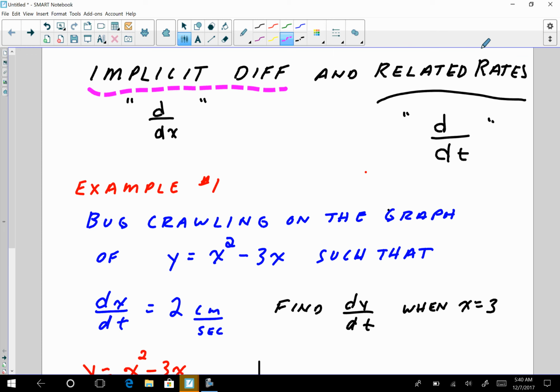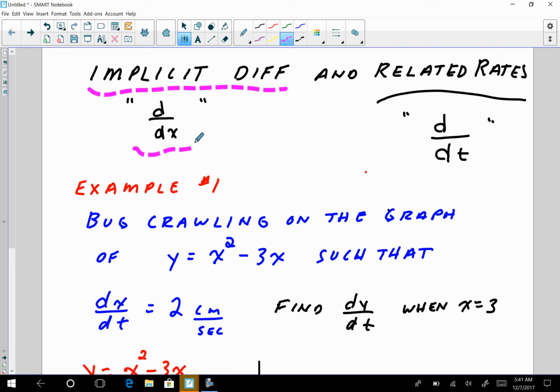This lesson is going to talk about implicit differentiation and related rates. No pun intended, the two topics are closely related. When we do implicit differentiation, most of the time we're going to use the operator d/dx.